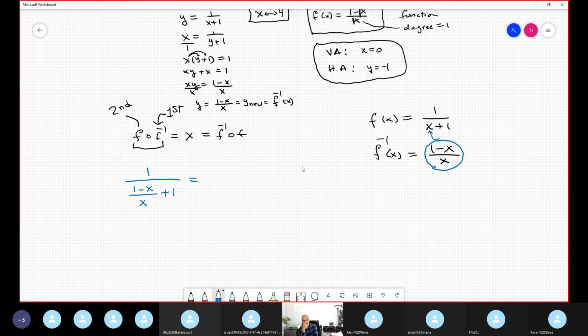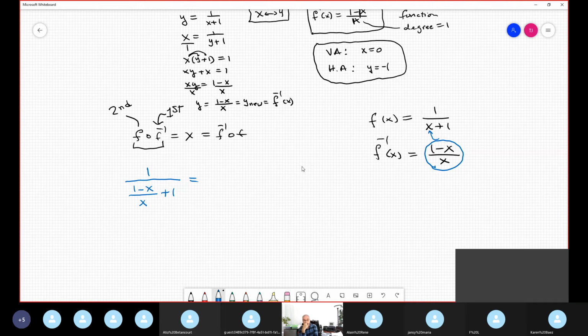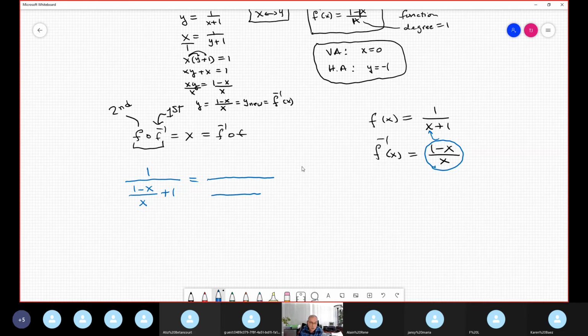Good. Now I want to condense this and this together using one common denominator, que es x. 1 minus x plus x. And the top is 1. And this is cancelled. So we have 1 over 1 over x, que es recíproca, que es x. Boom. We prove que es identity.